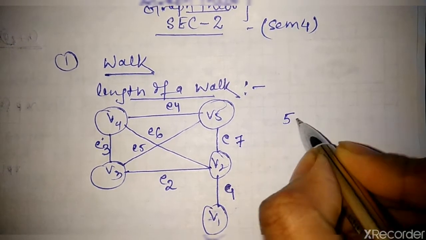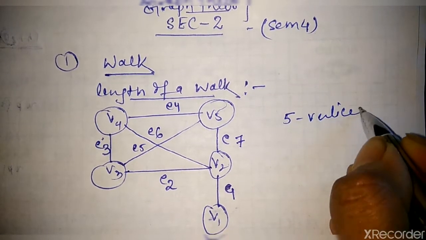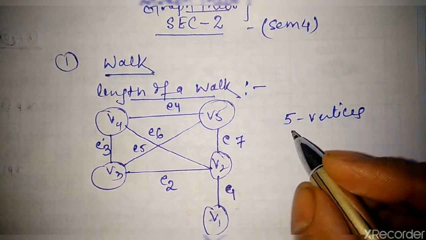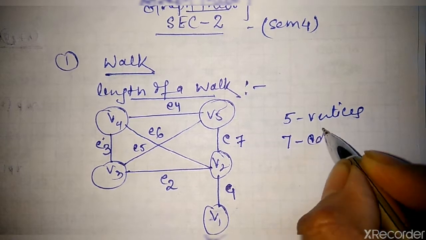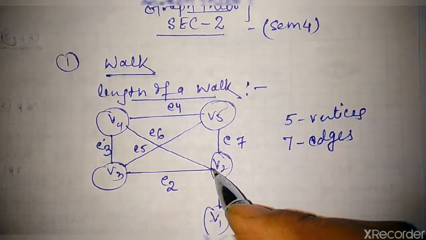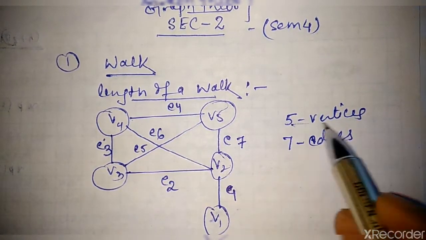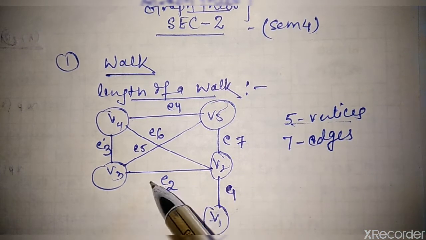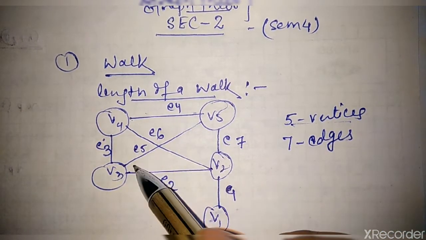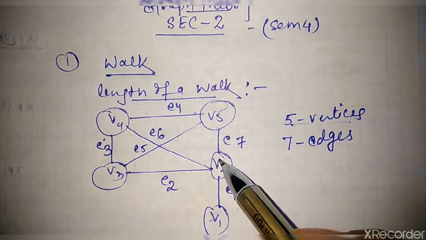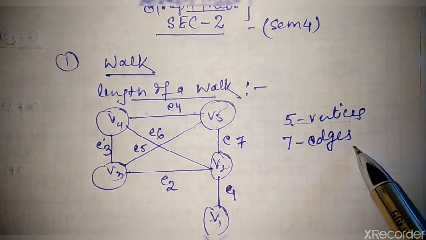We have 5 vertices. And how many edges? 7 edges. 1, 2, 3, 4, 5 vertices, and we have 1, 2, 3, 4, 5, 6 and 7. That is 7 edges.